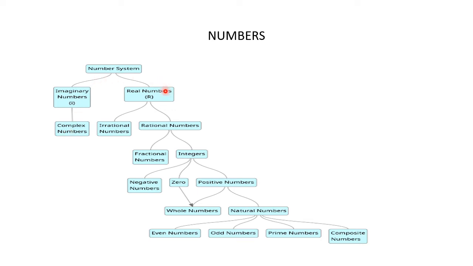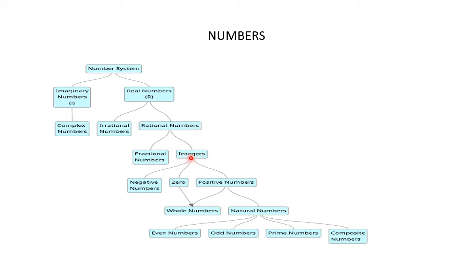In this video, we'll deal with real numbers. Real numbers may be irrational numbers or rational numbers. Rational numbers are numbers which can be expressed in the form of a fraction, whereas irrational numbers cannot be written as a fraction.